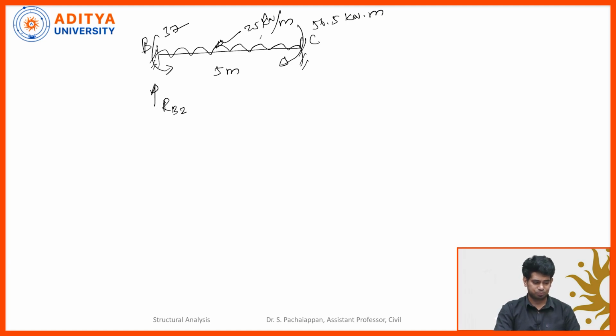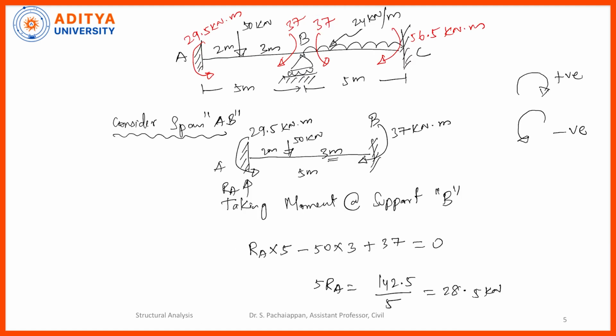Now what I am going to do, I am going to take the moment at point C. Okay. So here one more moment will come, we forgot to include it, because you see the 37 is a clockwise couple and then we forgot to incorporate the anti-clockwise couple, which is 29.5, has to come before this equal to.